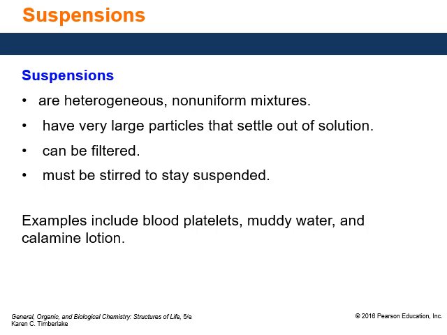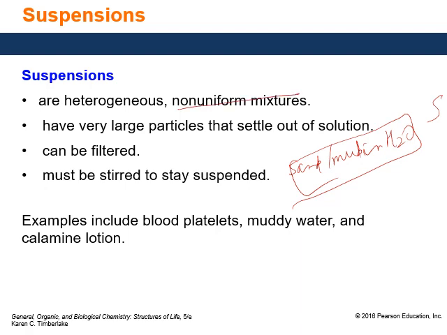The next type of mixture is called a suspension. For instance, if you mix sand or mud in water, that is an example of a suspension. It is a mixture which is non-uniform, meaning it's heterogeneous. Suspensions have very large particles mixed into the solvent.